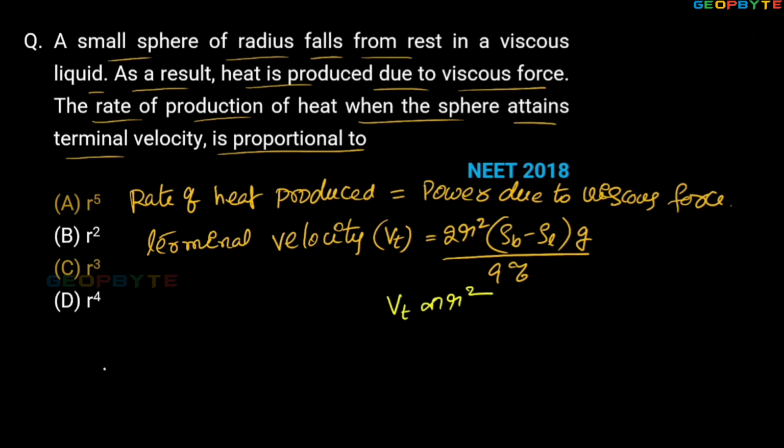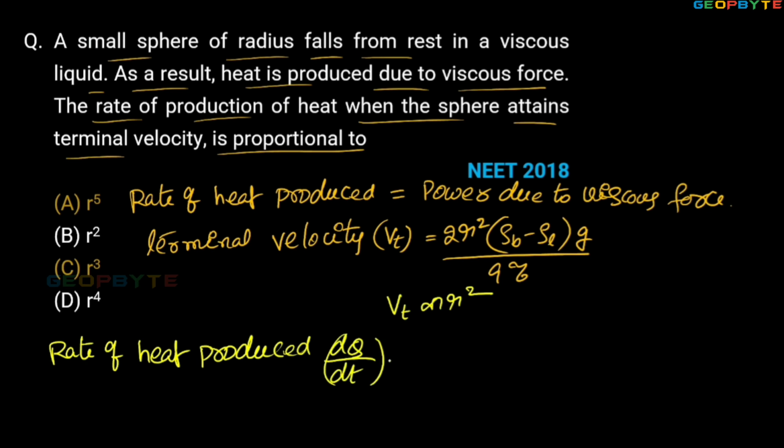As you know, the rate of heat produced, dq by dt, is equal to 6 into pi into viscosity into radius into the square of the terminal velocity. Since terminal velocity is proportional to the square of the radius, the square of the terminal velocity is proportional to r power 4.